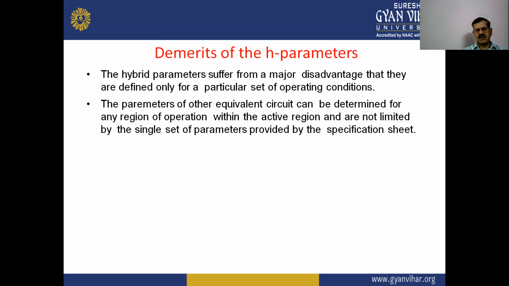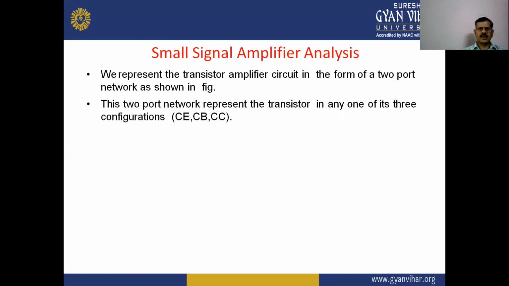So this is the first demerit of the h parameters. The second one is that the parameters of their equivalent circuit can be determined for any region of operation within the active region and are not limited by the single set of parameters provided by the specification sheets. So these are some demerits of the h parameters.